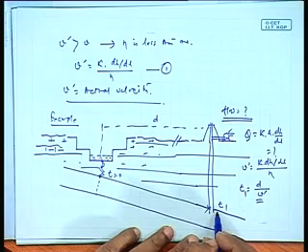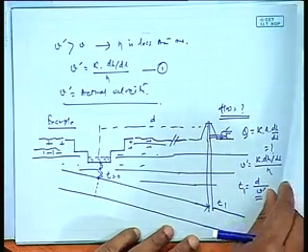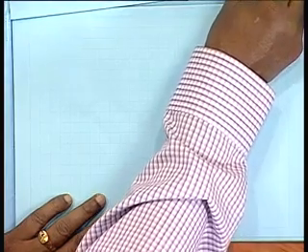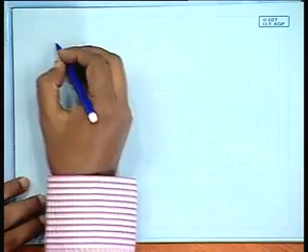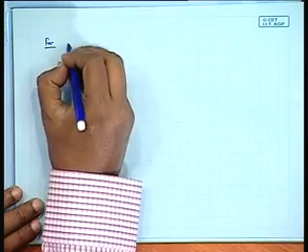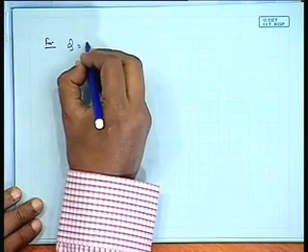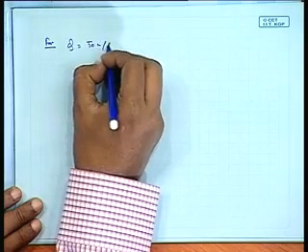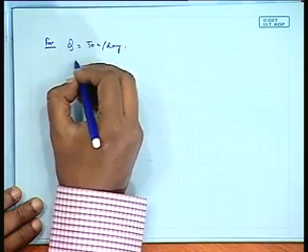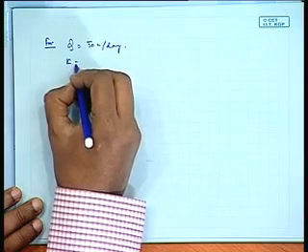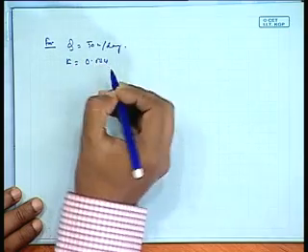So essentially, if you just take an example, say q is equal to 50 meter per day, and this k is considered to be 0.004.